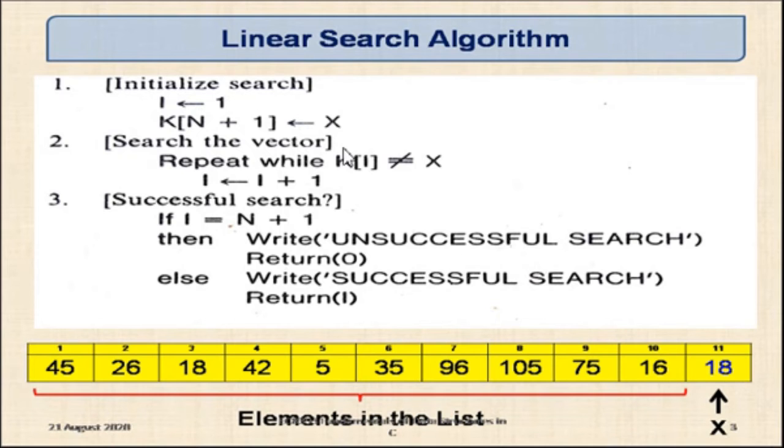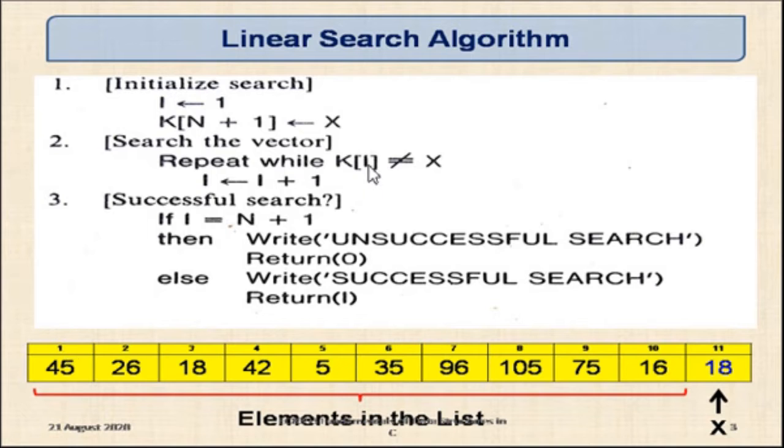Then the second step, you see the statement, repeat while k of I is not equal to x. This is the while loop. This loop will be repeated until this condition is no longer satisfied. Once the condition is not satisfied, it will go to the next step. Now the value of I is 1.